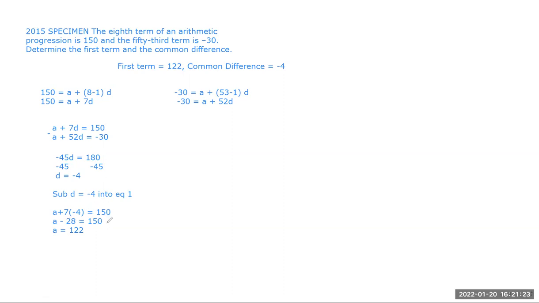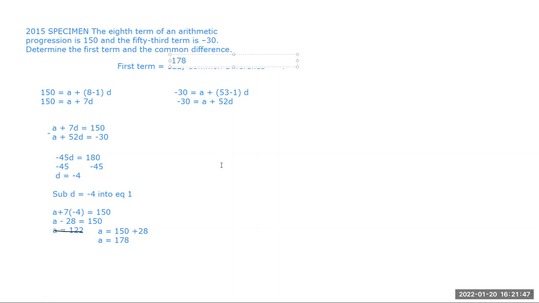Oh, I subtracted it. Adding 180. 180 divided, that's -4. Plug in the -4. Should be adding it. Can't give it away. All right, so I've gotten 3 out of 4 and not the 4 out of 4, but we don't want to give it away.